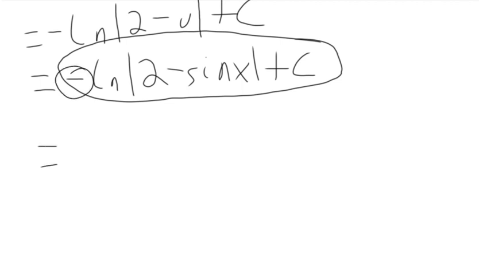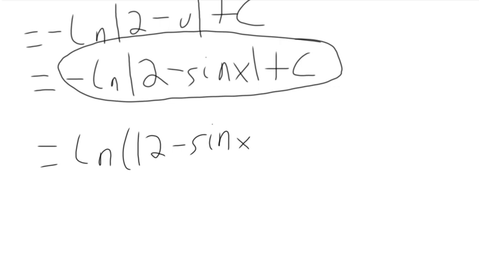They'll probably take this negative. The -1 coefficient of the natural log becomes the exponent for the inside of the natural log. That's one of the properties of logarithms. So we will have natural log, absolute value, 2 minus sine of x, raised to the negative first power.